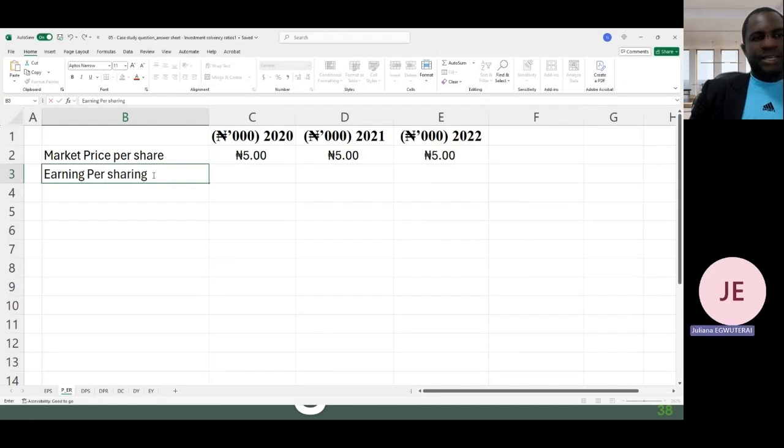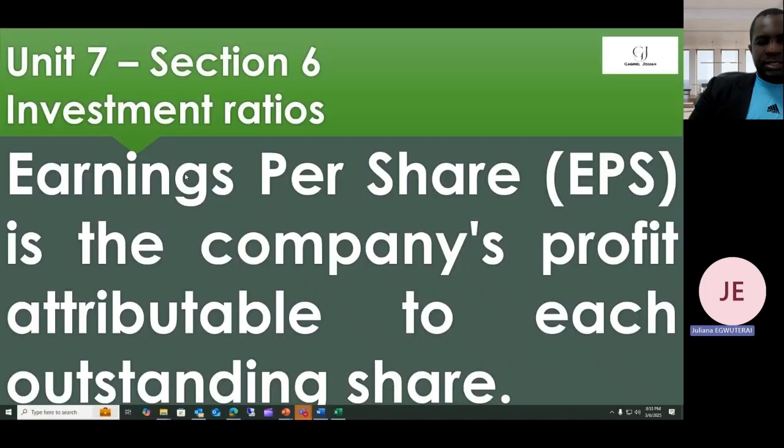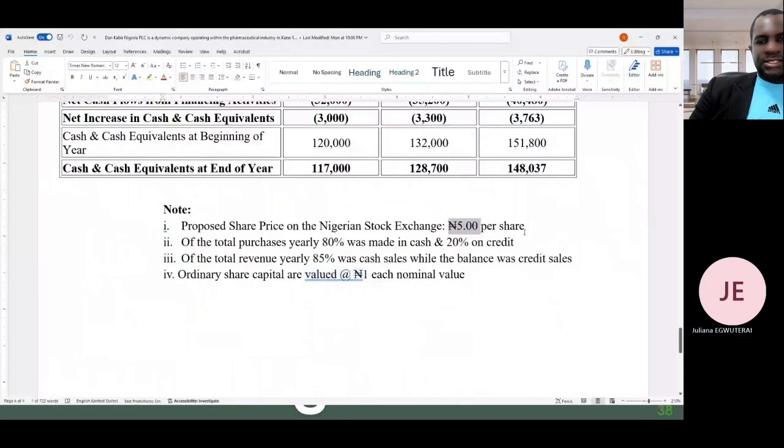So I was talking about the market price per share, and I was saying that the price in the market is different from the price in the company, or the price of the holdings of the shares. Yes, exactly. Is it in the footnotes, or what do you call it? Yes, in the notes to the account. So you can see the market price per share in the notes to the account.